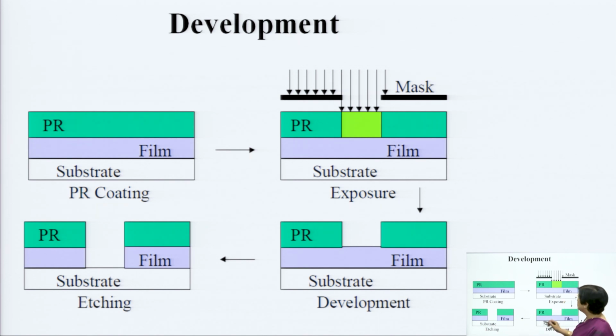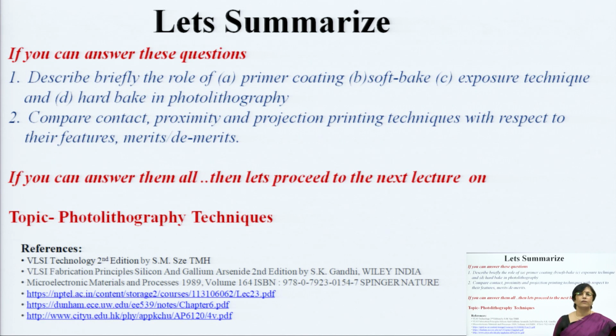So, this is the PR, you are exposing it, and this is the positive photoresist. Naturally this portion got weakened, and when you dissolve it, this portion will automatically get dissolved because it was positive photoresist, and the pattern got transferred onto the wafer.